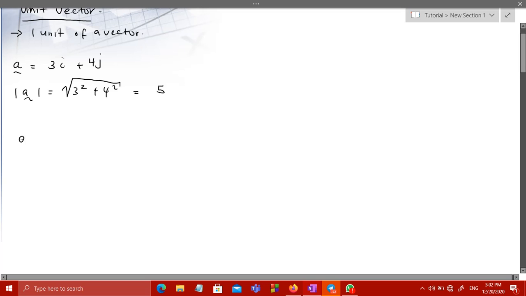So the unit vector given by vector A roof is equivalent to vector A itself divided by its magnitude. So vector A is 3i plus 4j divided by its magnitude, which is 5. So we get 3 over 5 i plus 4 over 5 j.